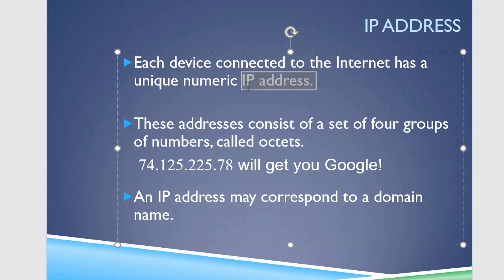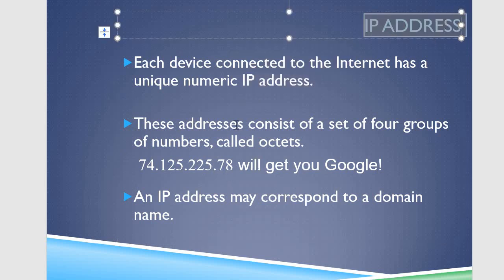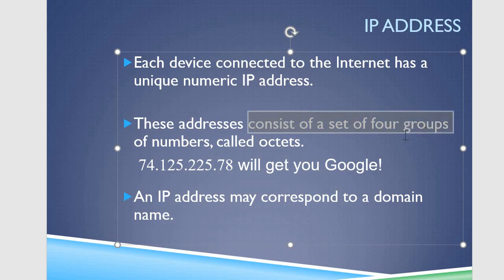Unique numeric IP address. Then this IP address consists of a set of 4 groups of numbers. We will call it as octets. What is the answer? We will call it as octet.